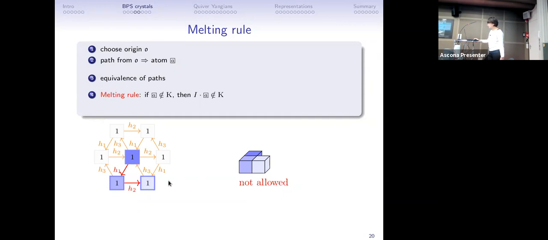If you want to add this atom, it has three precursor atoms with arrows pointing to it, but only one of them is present. So you cannot add this unless you add both of these precursors. Then you can add this last one.